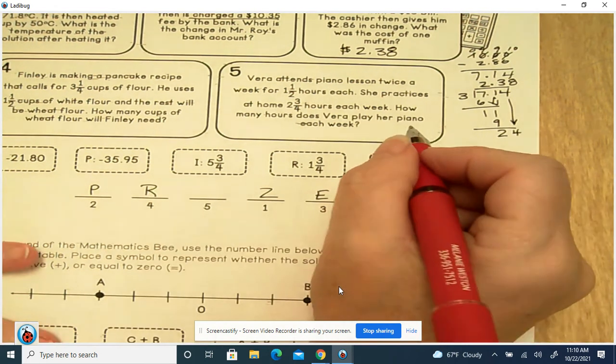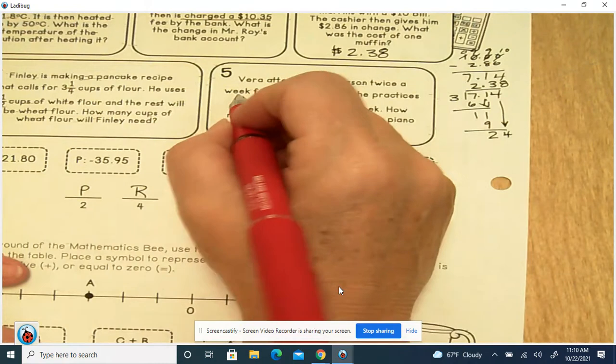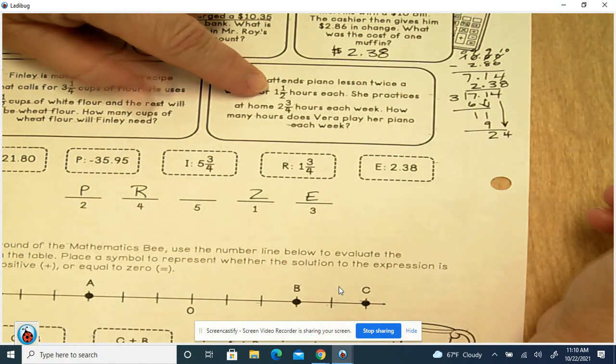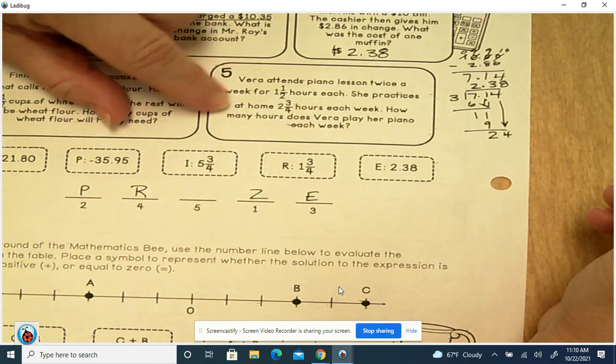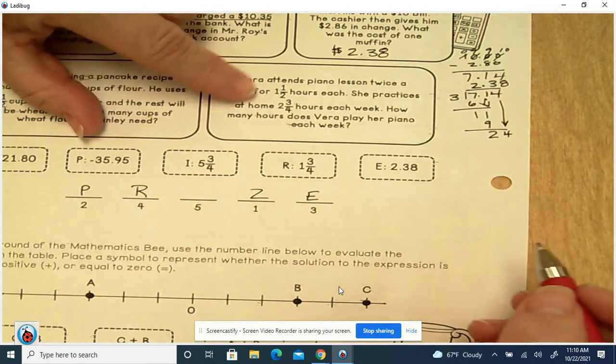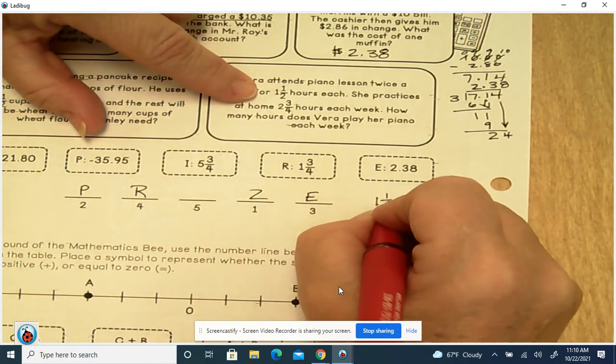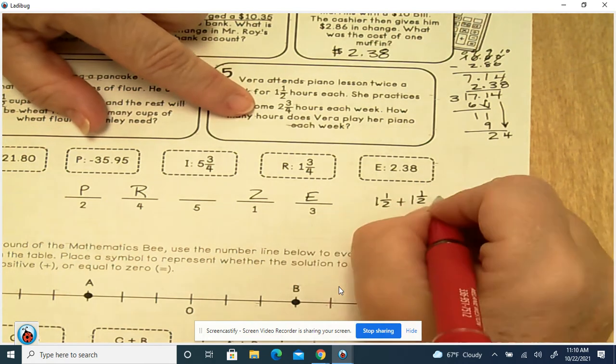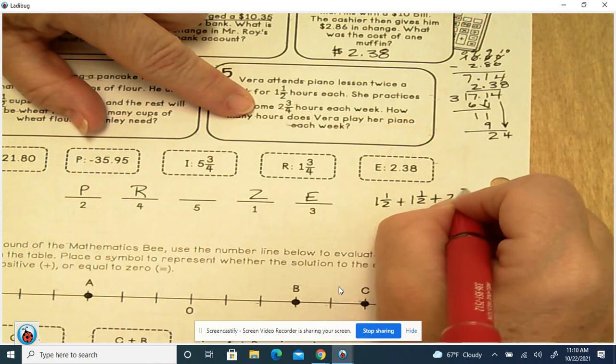And then 5, Vera attends piano lessons twice a week for 1 1/2 hours each. She practices at home for 2 3/4 hours each week. How many hours does Vera play her piano? So she's got 1 1/2 hours plus 1 1/2 hours because she has lessons twice a week, plus the 2 3/4 hours.